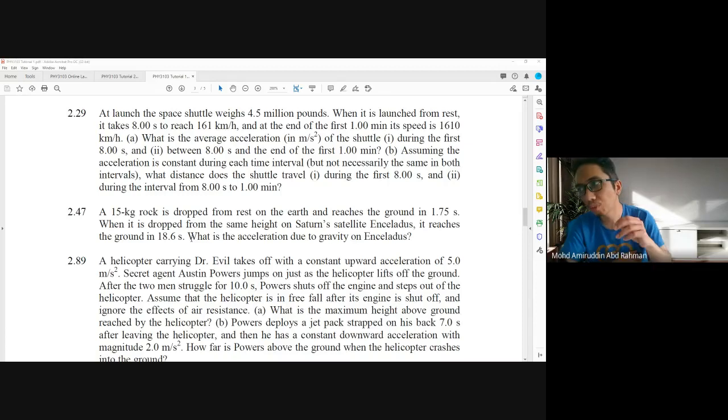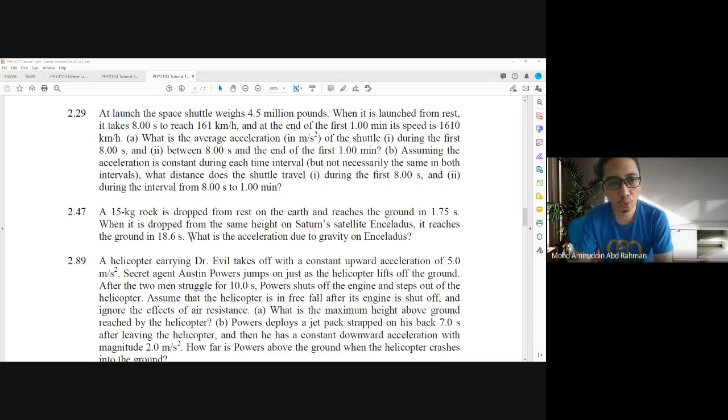Meaning that y is the location at which the ball is already dropped, and y naught is the initial position of the ball when it is dropped. And then we have v naught y, the initial velocity, as 0.